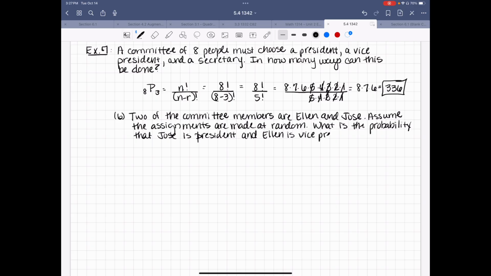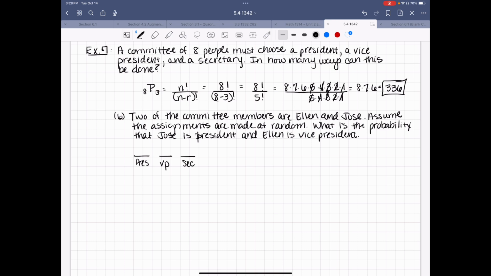Okay, so here's what we're looking for. We know that we have 8 people and 3 positions. We have the president, the vice president, and then the secretary. So here's the deal.